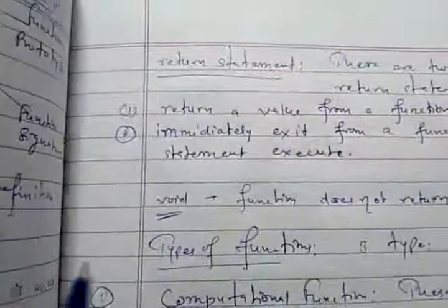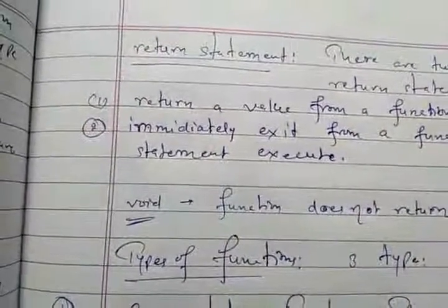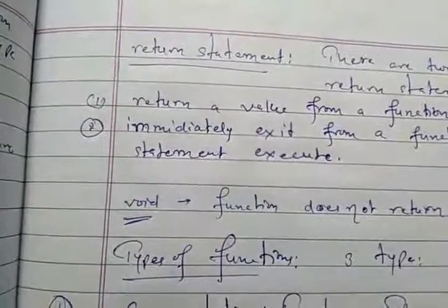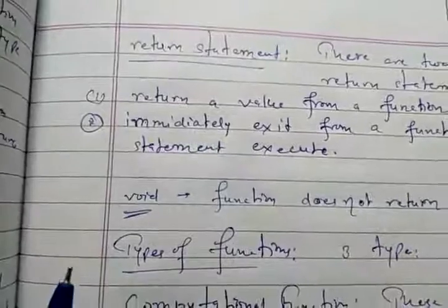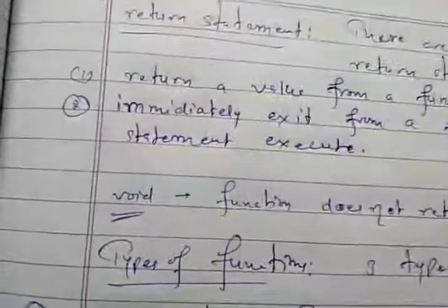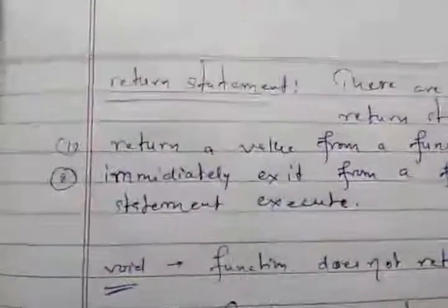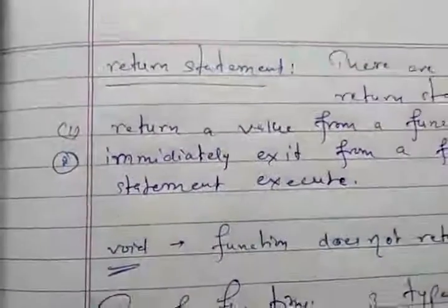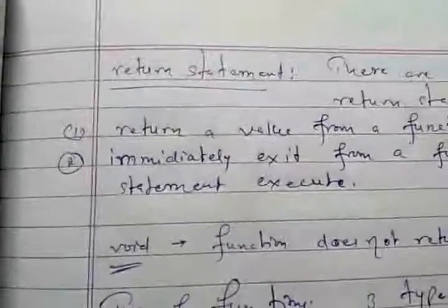Now the next topic is the return statement. What is the use of the return statement in a function? If the function return type is not void, that means the function will return a value, or if the function return type is void, the function does not return a value.